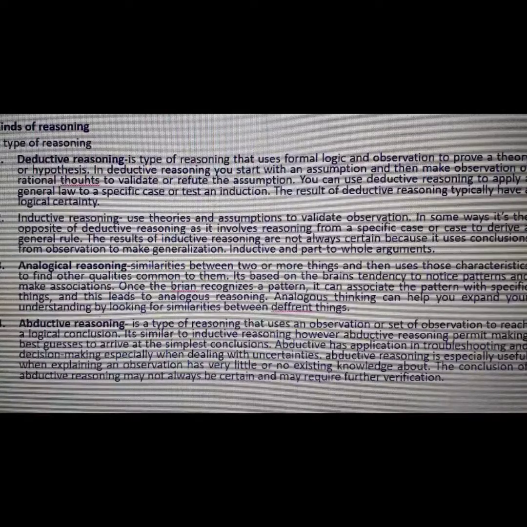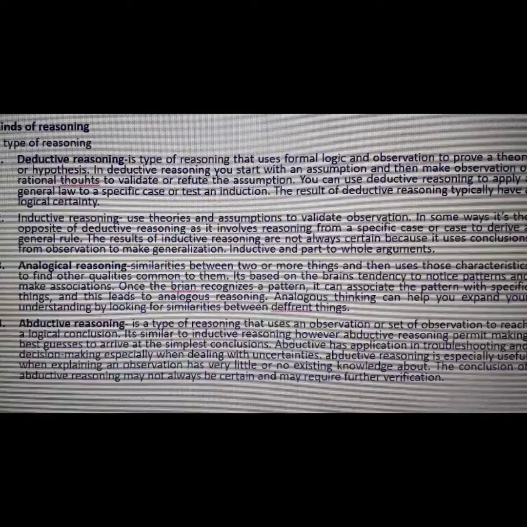Number 4, adaptive reasoning is a type of reasoning that uses an observation or set of observations to reach a logical conclusion. It's similar to inductive reasoning. However, adaptive reasoning permits making a best guess to arrive at the simplest conclusion. It has application in troubleshooting and decision making, especially when dealing with constituents.